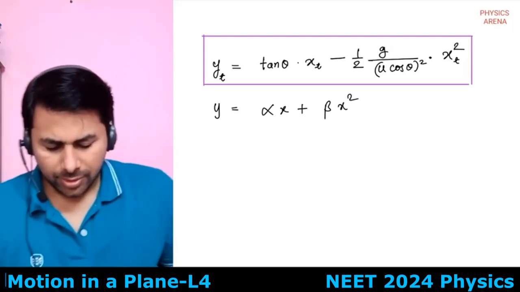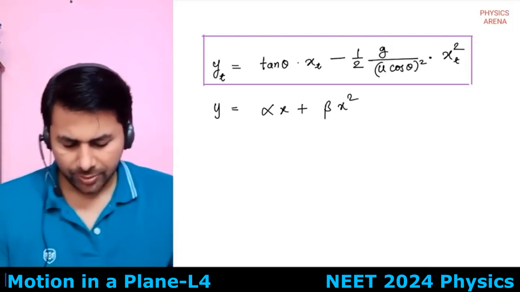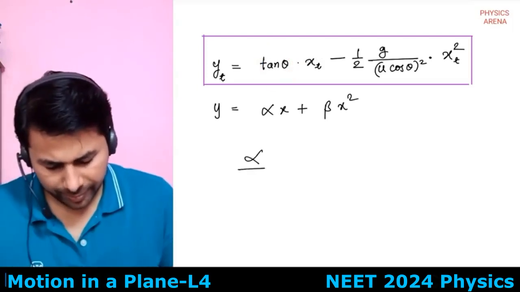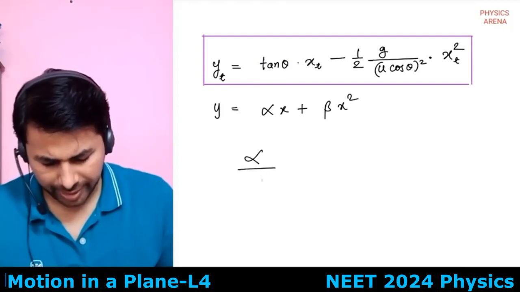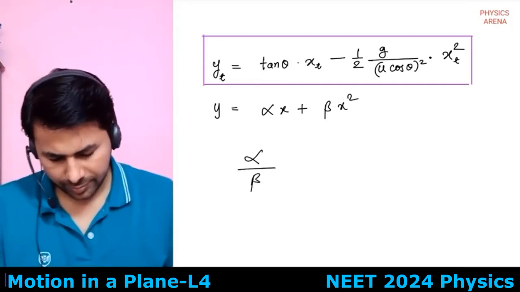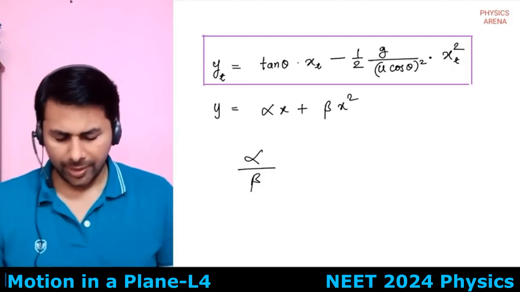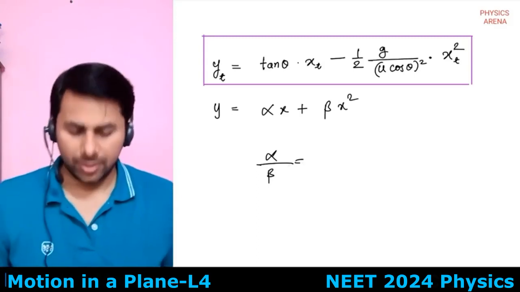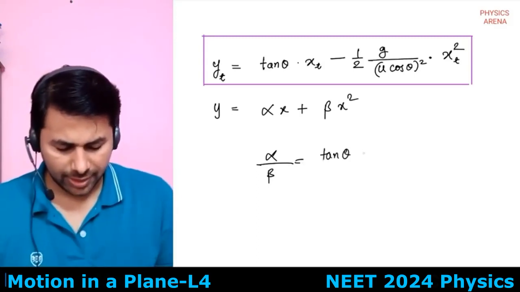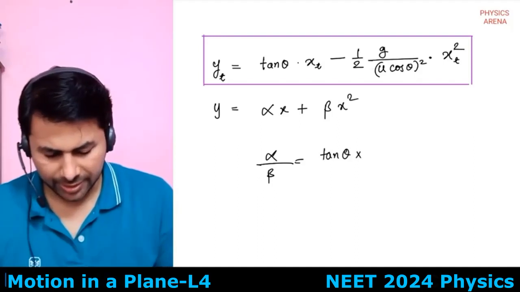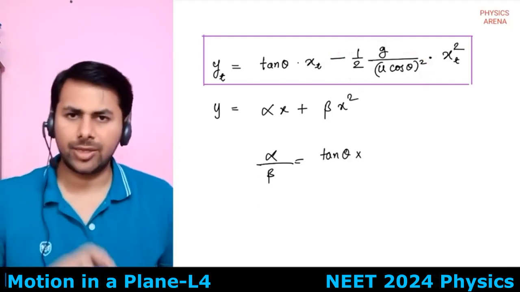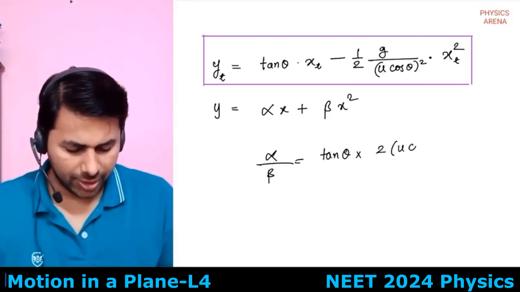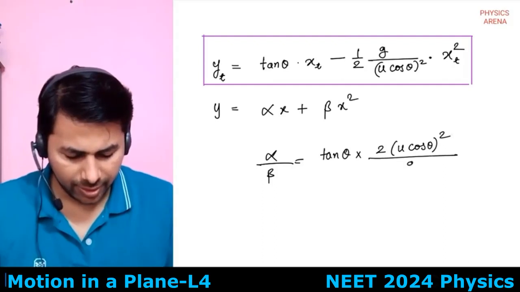Now if I take alpha divided by beta, it will be tan theta divided by this factor, which is multiplied by its reciprocal, so you have 2 times u cos theta whole square upon g.